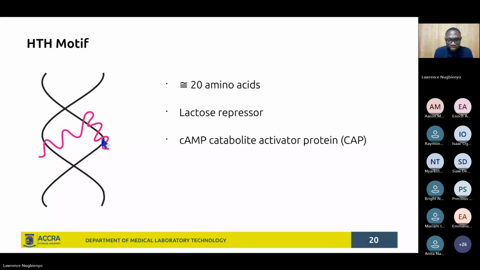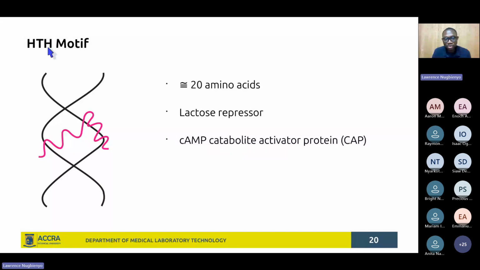Similarly, you have the complex of the cyclic adenosine monophosphate with an activator protein. That's a protein which is having interaction with the nucleic acid. There too, the motif is a helix-turn-helix motif.